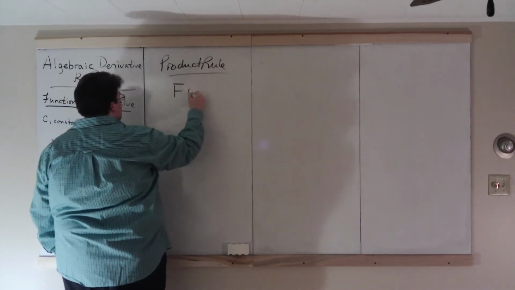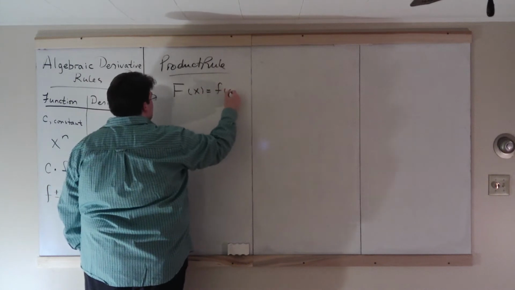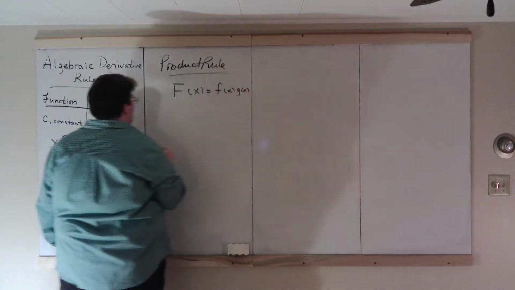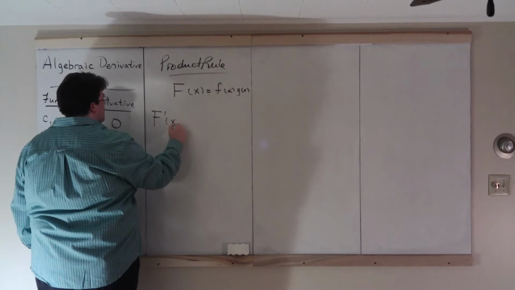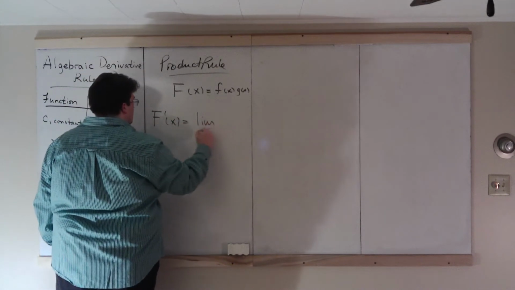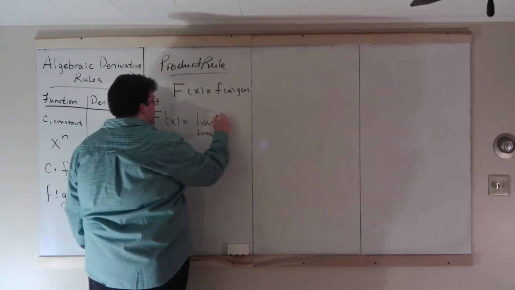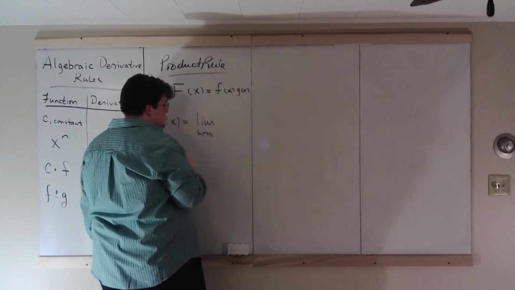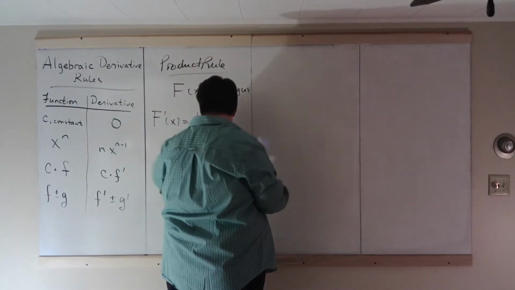So here we'll let capital F be f of x, g of x, and we want the derivative. Well, what is it? Well, limit h approaches 0 of, let's write it over here.